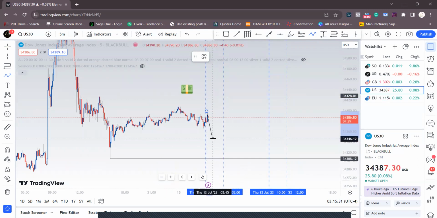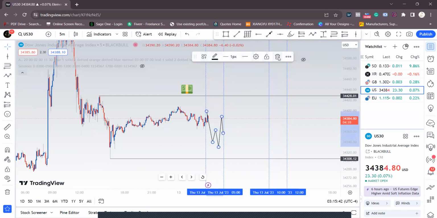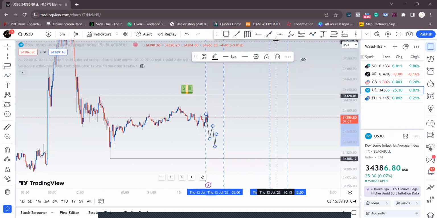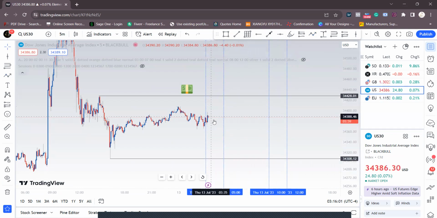So if we start displacing lower, I won't look for sells, because most likely, because of my bias, we push up. Now it doesn't have to, it can push down, but then there's no trade for me because I'm telling myself I'm looking for buys.